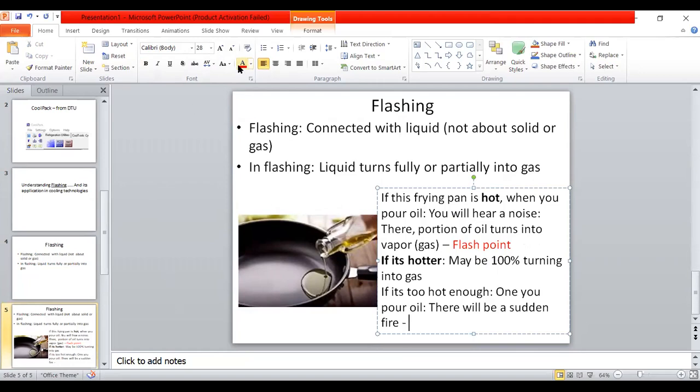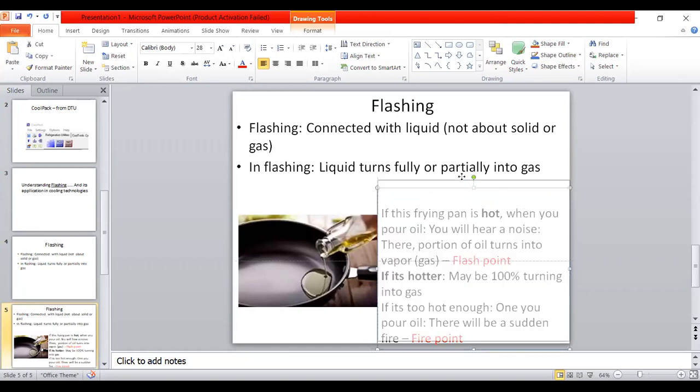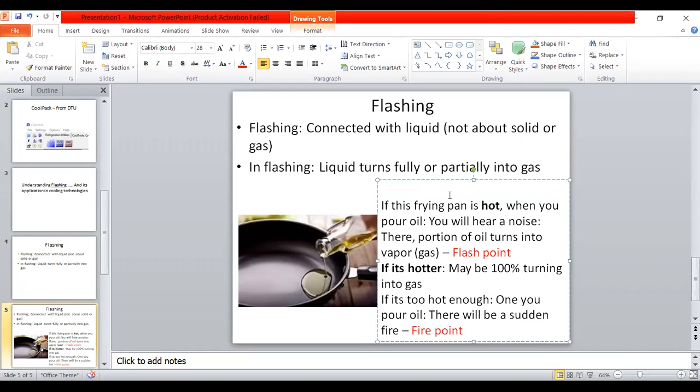Even fuel has a fire point. And even fuel has another temperature, not up to flashing or the sudden turning, moderately hot, let's say. We don't know how moderate.